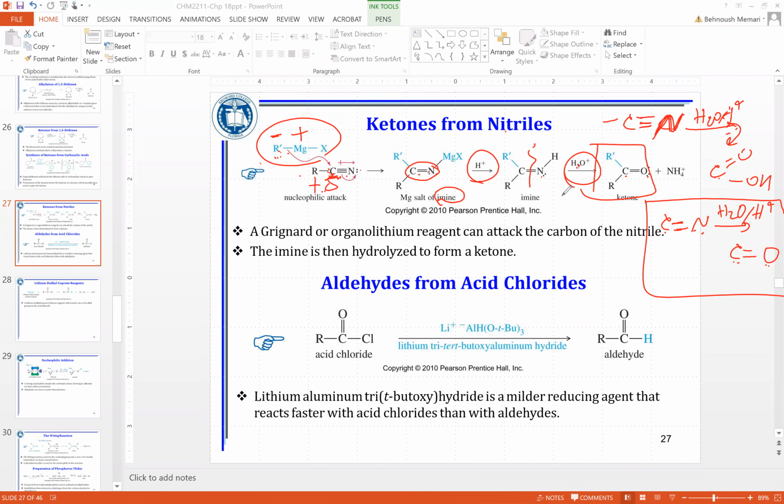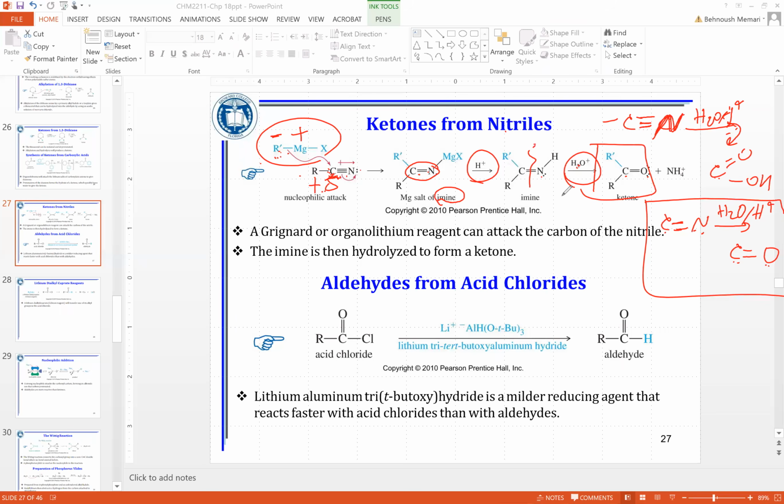You need to be familiar with all of these methods of preparation, but you need to memorize a few of them by heart. So if someone tells you, okay, prepare this ketone, you don't say, well, I don't know how to prepare it, I learned too many methods that I don't remember any of them. You have to know a couple of them by heart, so that you can prepare the ketone on paper at least, or in the lab, and then be familiar with the rest of them.